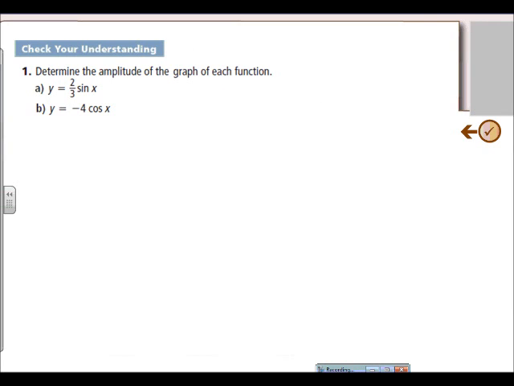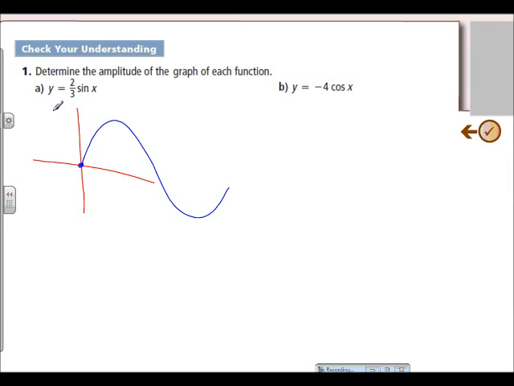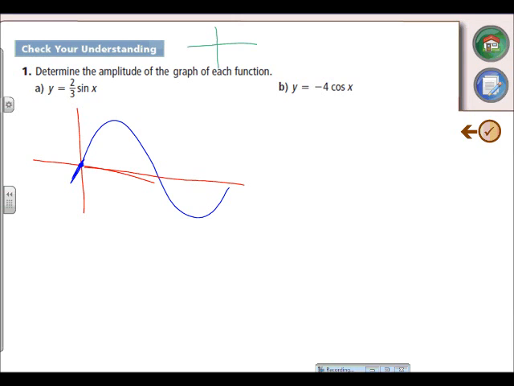So now let's look at the amplitude of each one of these graphs. So first of all, let's just remind ourselves of sine of x. Sine of x starts at 0 and 0, and looks like that. So sine of x goes up through the origin. The reason for that is, back to the unit circle, at an angle of 0, and that's what our x value is.